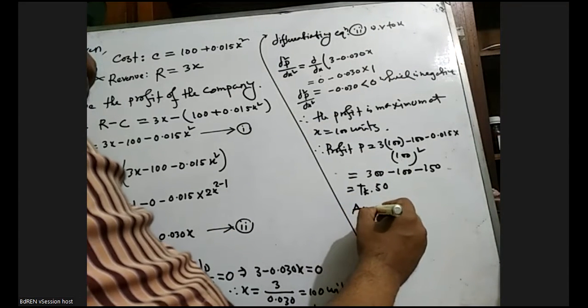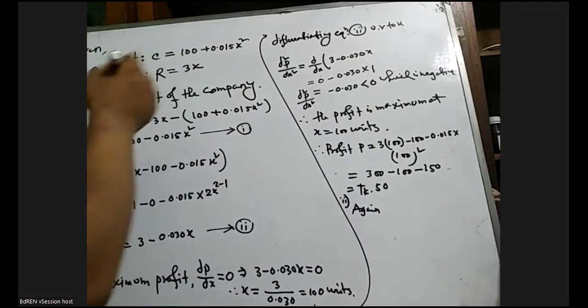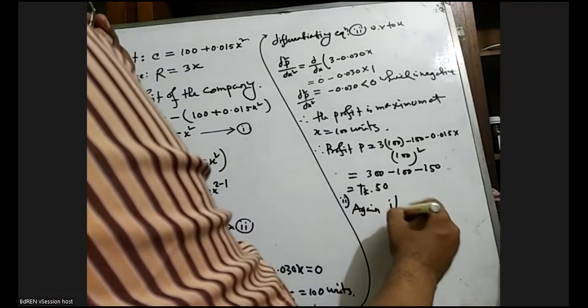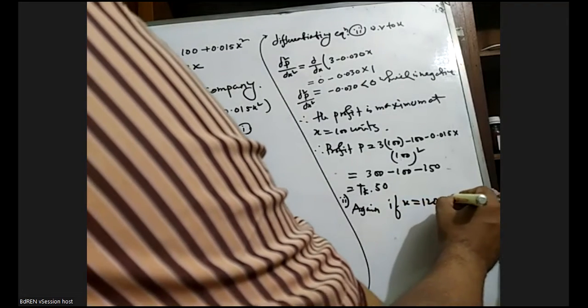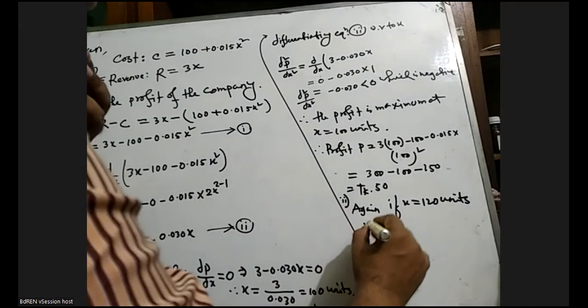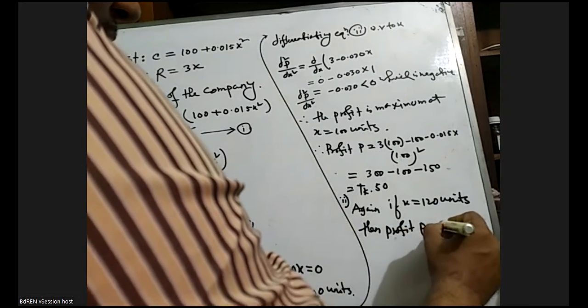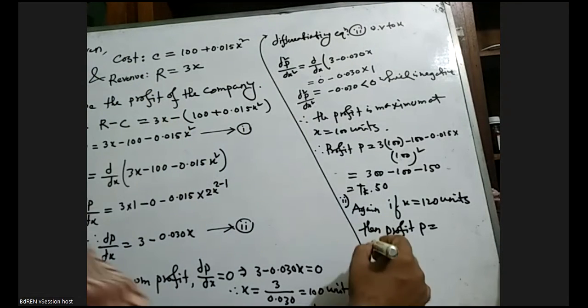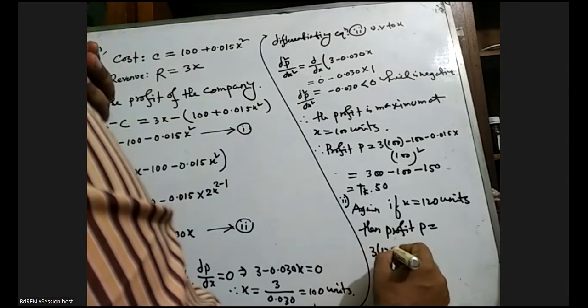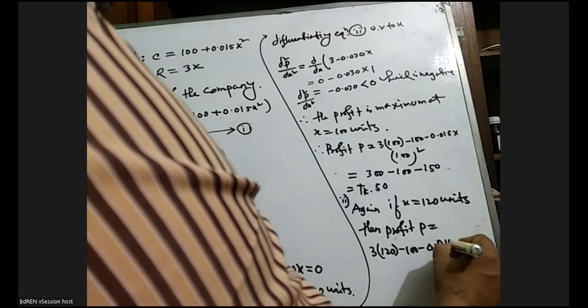This is the first part finished. Second part will be if x equals 120 units. If x equals 120 units, then profit P equals what will be? Just from equation 1: 3 into 120 minus 100 minus 0.015 into 120 whole square.